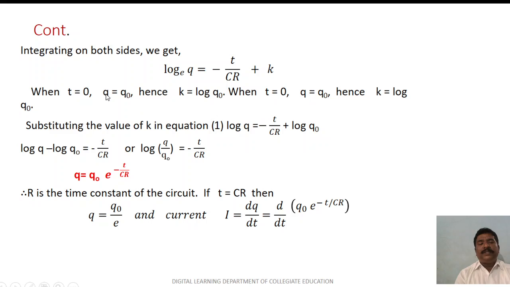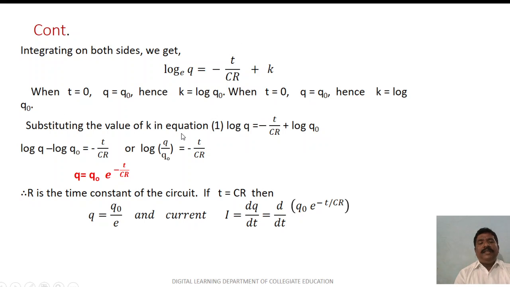Hence, substituting Q equal to Q naught and t equal to 0 in this equation, we get K is equal to log of Q naught.